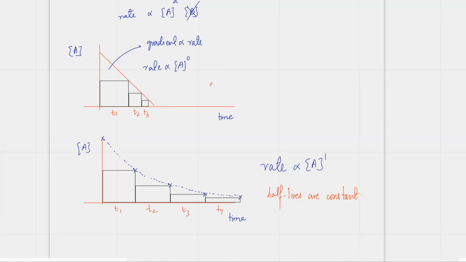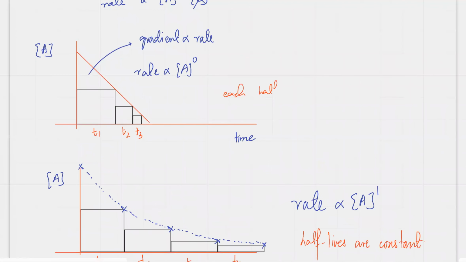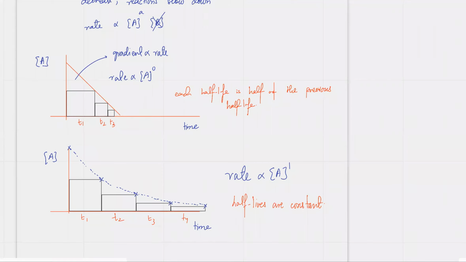So in this case, each half-life is half of the previous half-life. Concentration was here, decreases to this in this much time, and decreases again to this in this much time. So every time the half-life is becoming less and less. Is this clear to everyone?